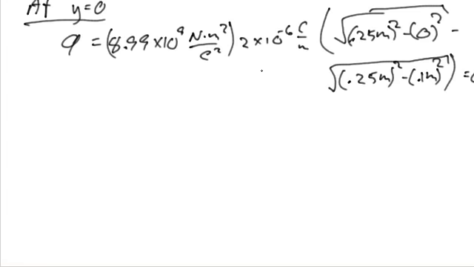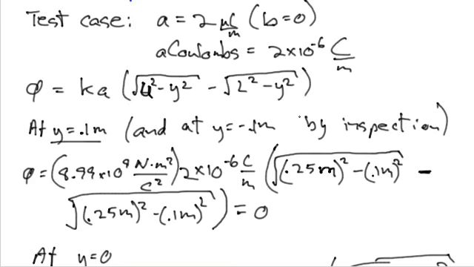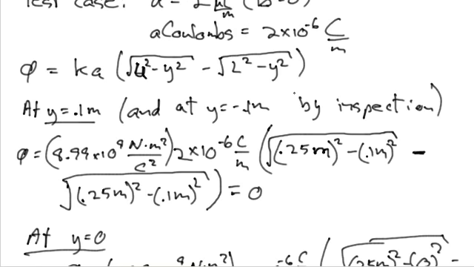So I got the code outline, I got my checks. So I guess this was phi at 0.1 meters, phi at minus 0.1 meters equals phi at 0.1 meters.